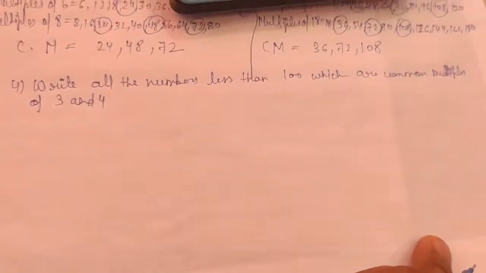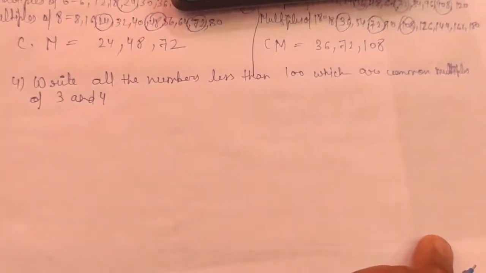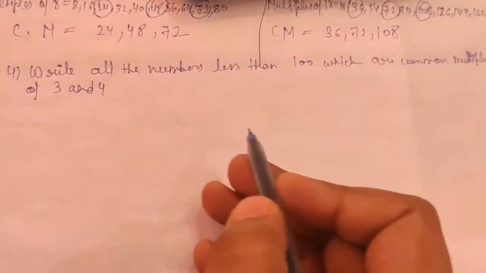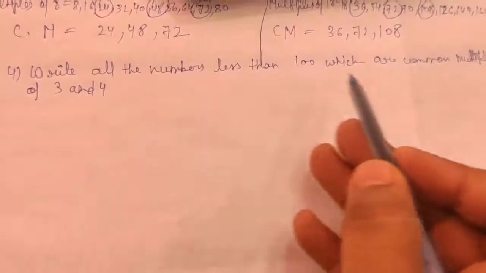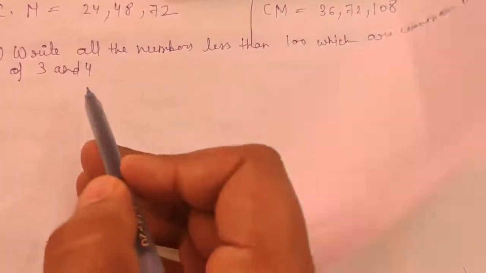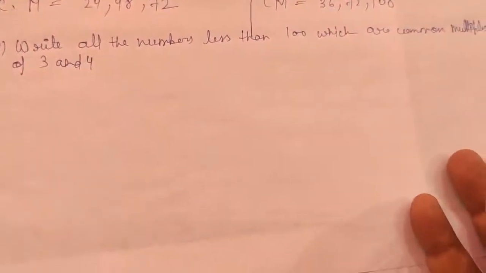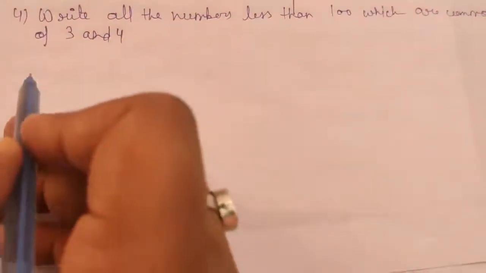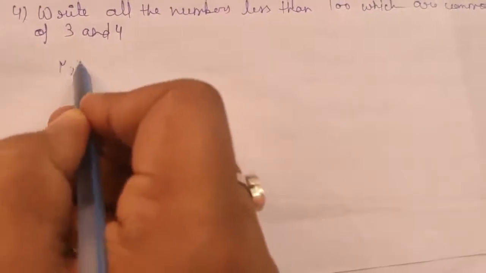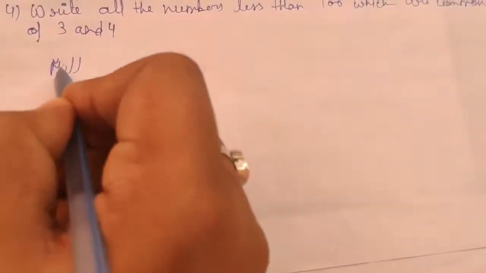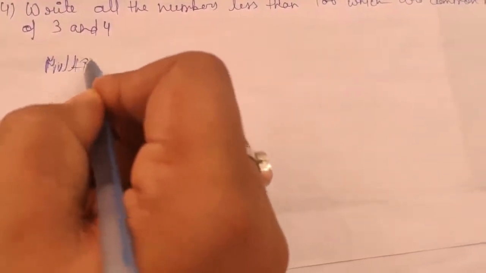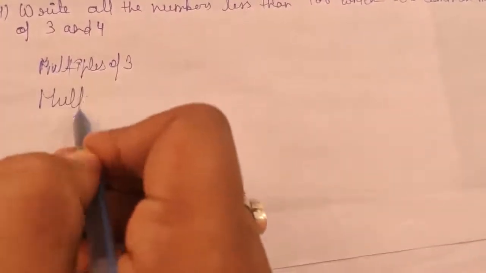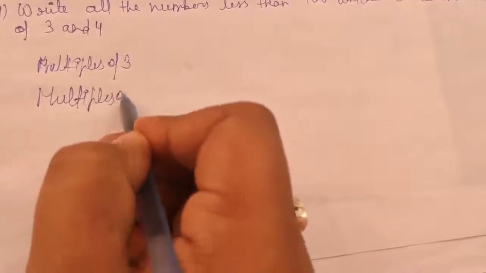Question number 4. Write all the numbers less than 100 which are common multiples of 3 and 4. So we have to find all the common multiples of 3 and 4 which are less than 100. First of all we will write the multiples of 3, then the multiples of 4.